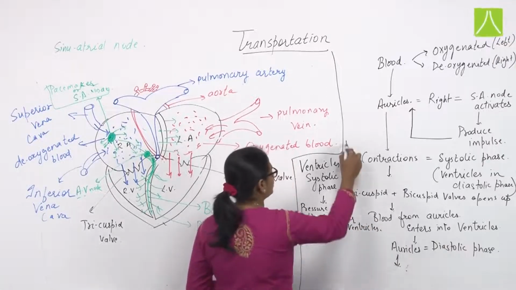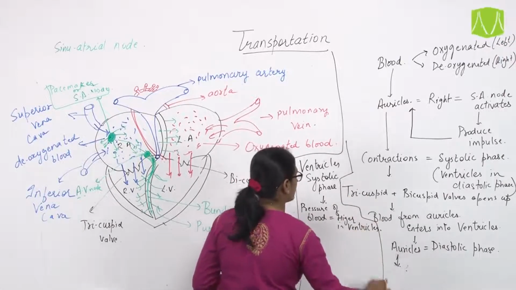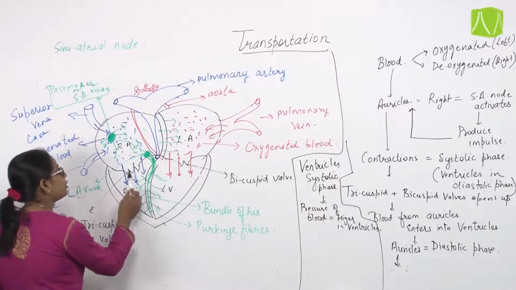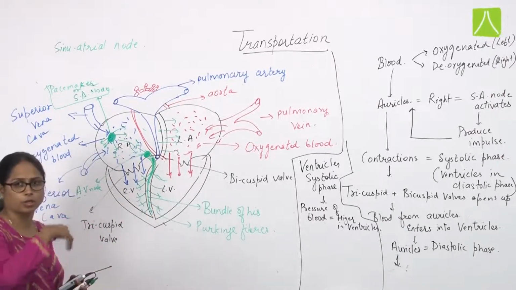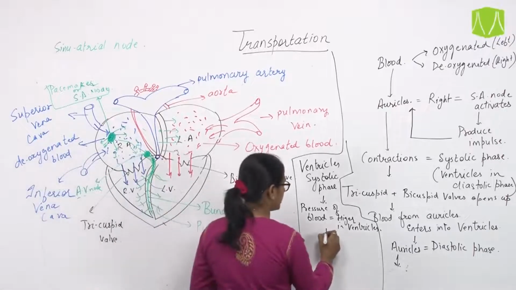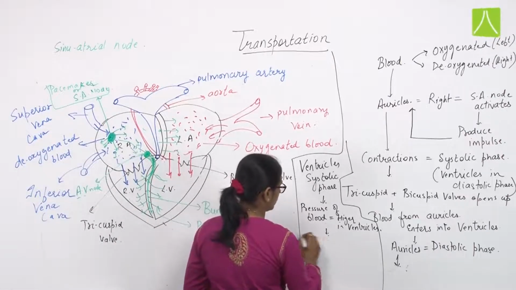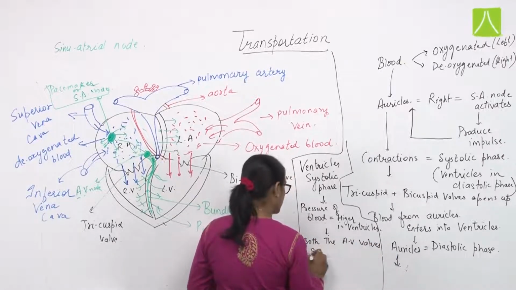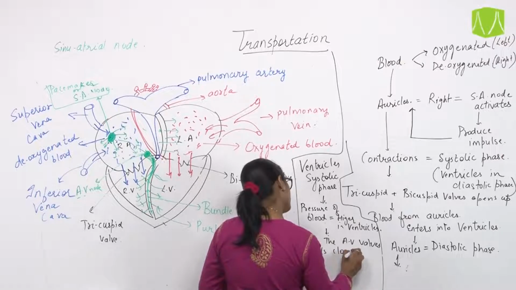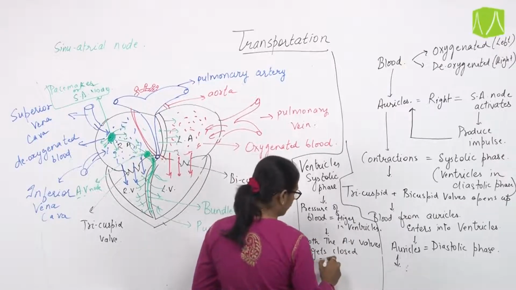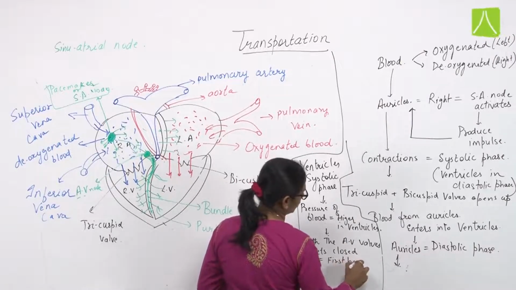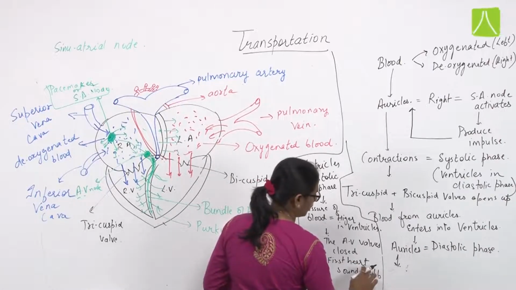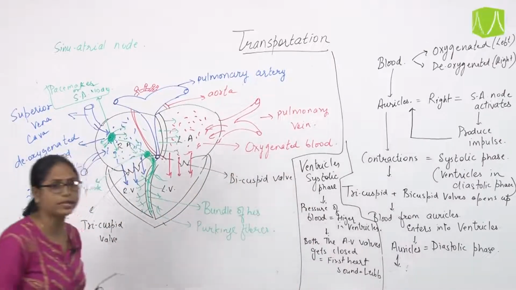Now what happened? When this pressure of blood increases in the ventricle, both the bicuspid and tricuspid valves get closed. Now what is happening? Both the AV valves get closed. Whenever they close, the first heart sound is produced, that is lub. The first heart sound produced is known as lub.